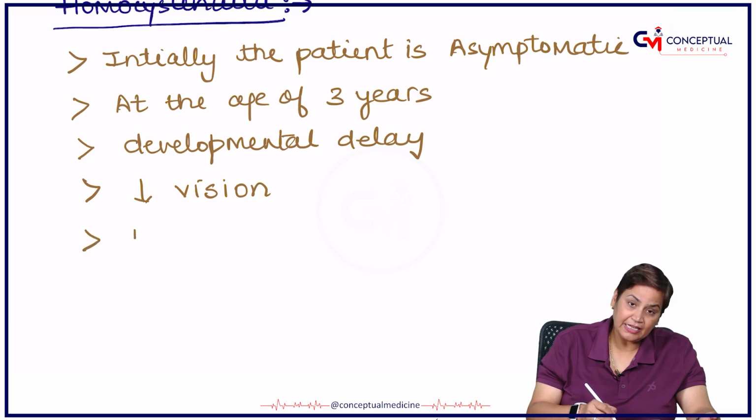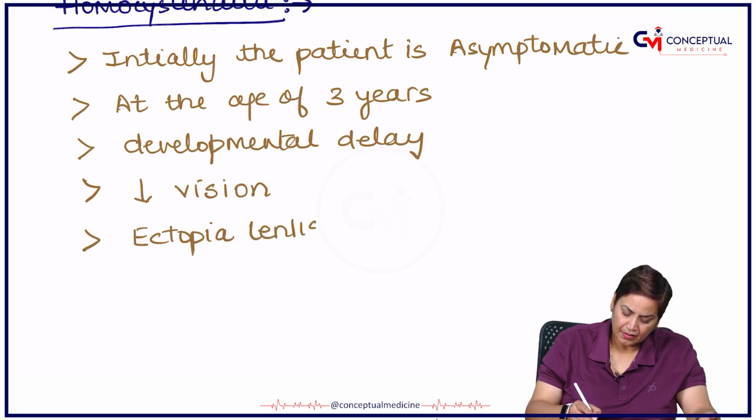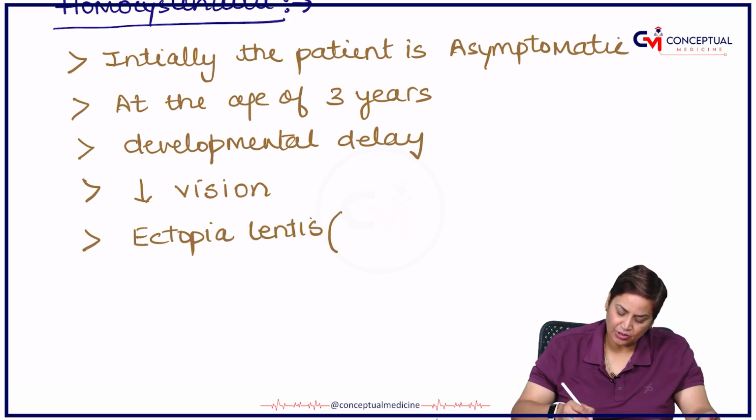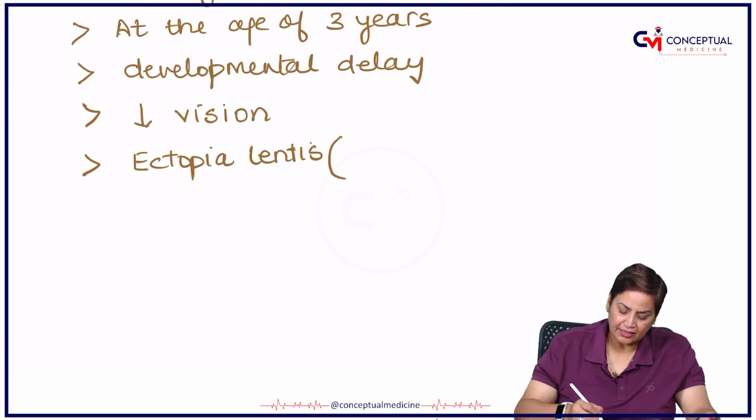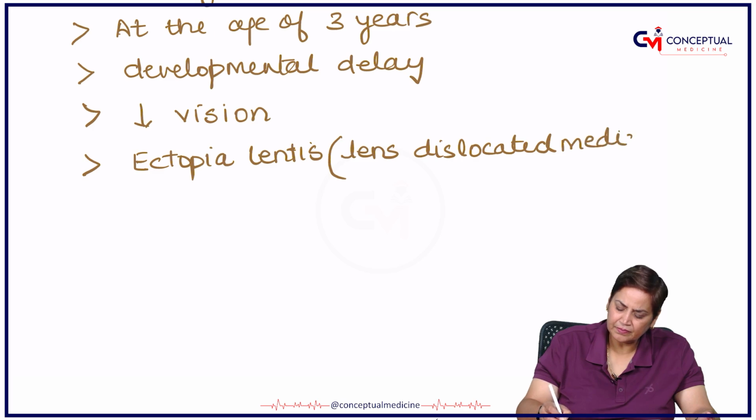Later stages it leads to ectopia lentis. What happens in this ectopia lentis? The position of the lens is dislocated medially and downwards.